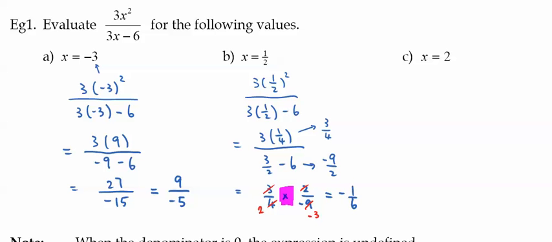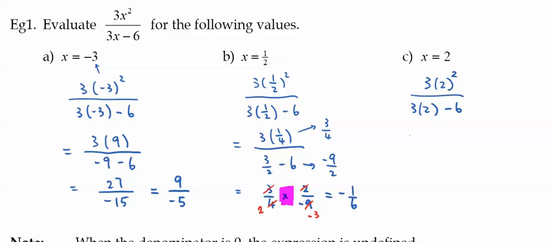But there are times when the number that they want you to substitute wouldn't work. Like the next one in the example. If we are to substitute x equals 2, there will be some trouble.